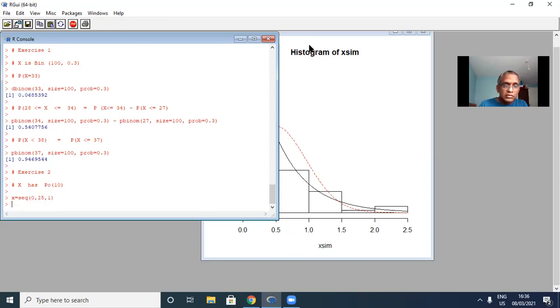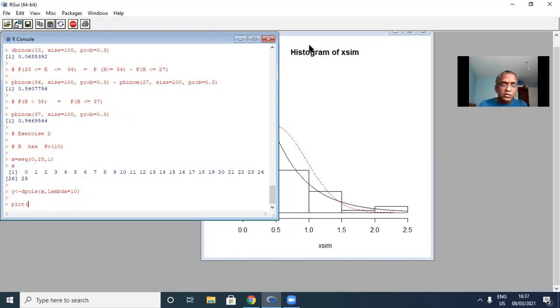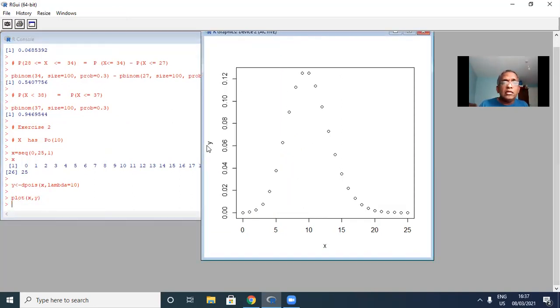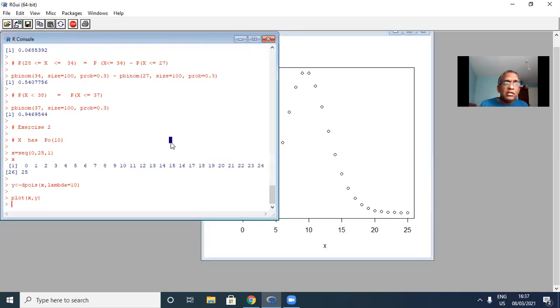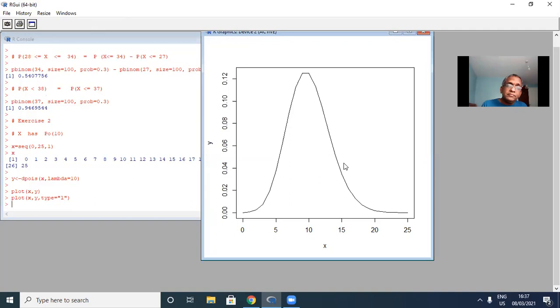So let's define these numbers 0 to 25 and let y be the density of the Poisson at x with lambda equal to 10, right? Then if you do plot x comma y, what I have plotted here is the density of the Poisson distribution, right?